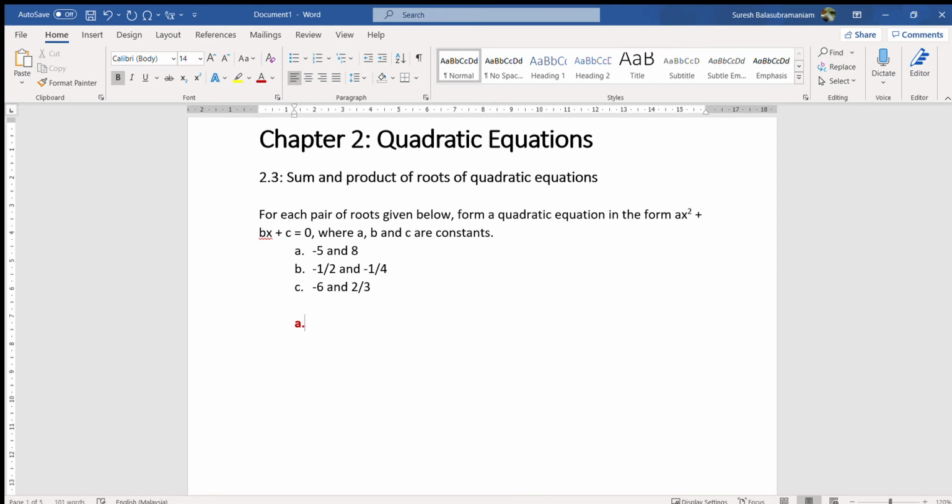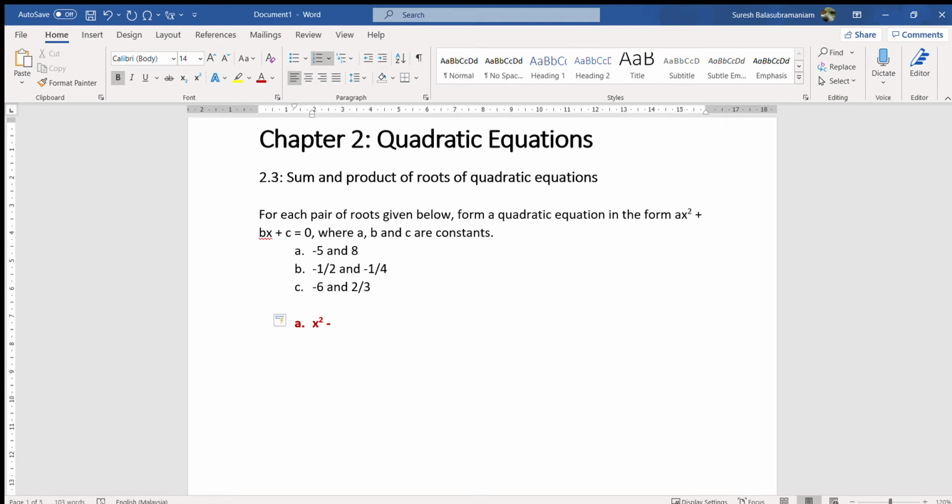Okay, the first question. First of all, we know the equation for the sum of roots and product of roots. So if you have the sum of the roots and the product of the roots, you can replace in the quadratic equation such as below.